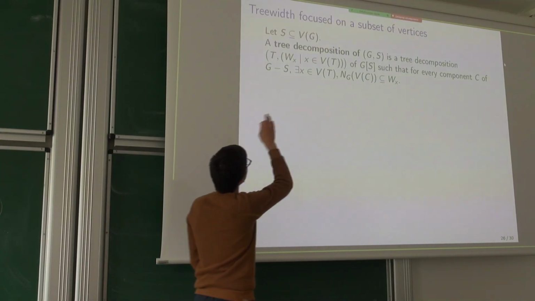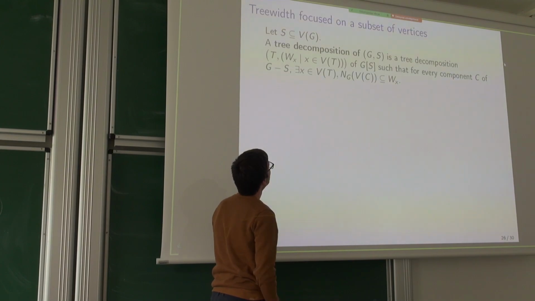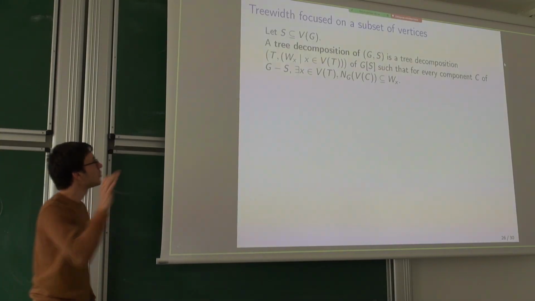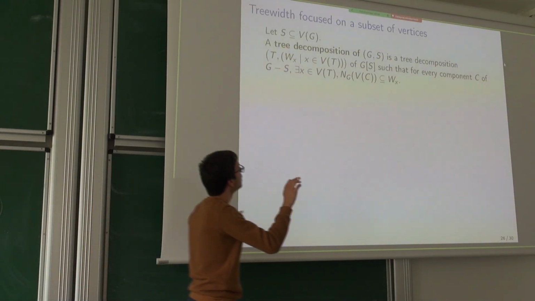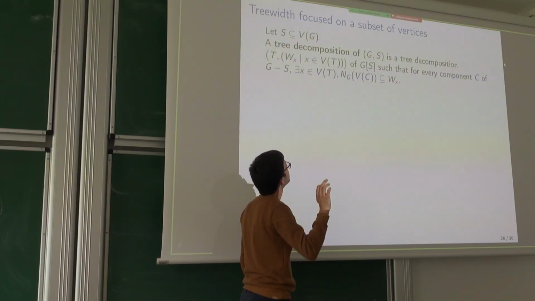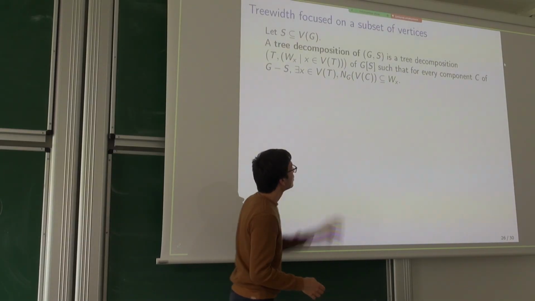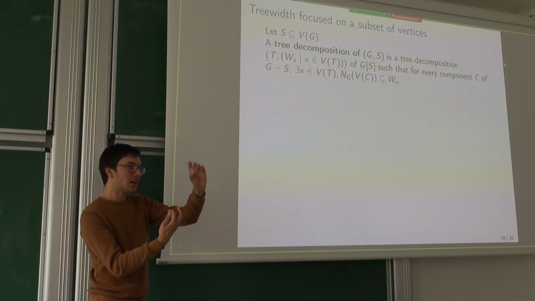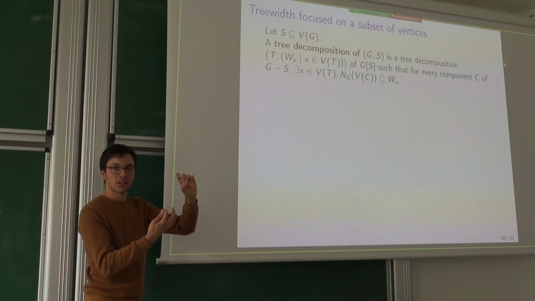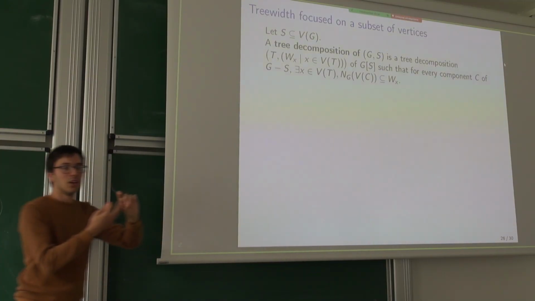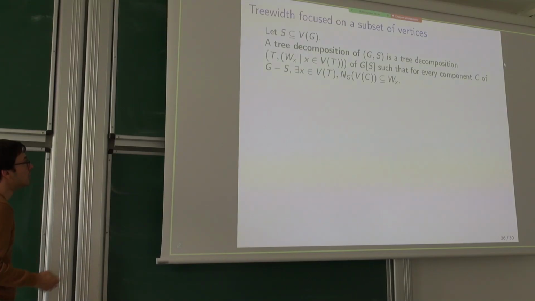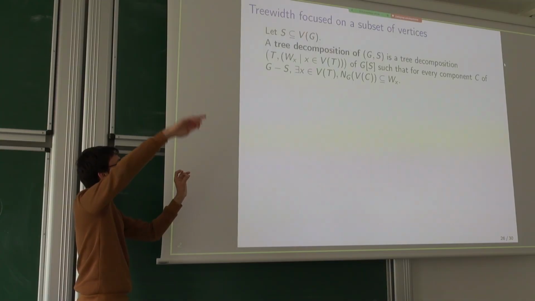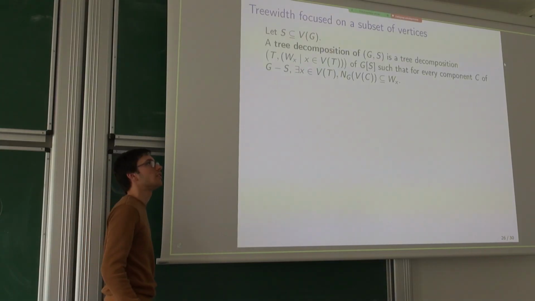But okay, so I take S a subset of vertices, and what I will call a tree decomposition of G, S is a tree decomposition of the subgraph of G induced by S, but with an additional property, which is that when I take a component C of what remains, there always exists one bag that contains its neighborhood. Okay, so it's somehow compatible with the tree decomposition. You cannot have a jump between two bags that do not intersect. This is equivalent, I think.